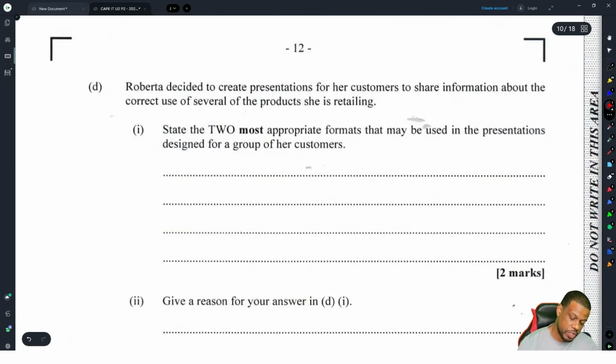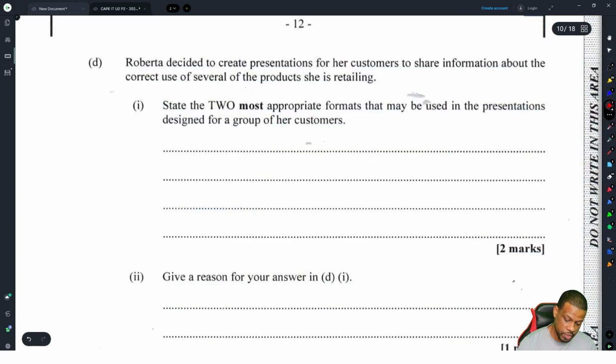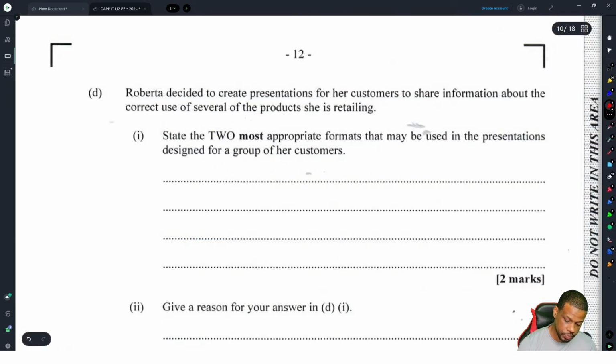Roberta decided to create presentations for our customers to share information about the correct use of several of the products she is retailing. Name the 2 most appropriate formats that may be used in the presentation designed for a group of her customers. Appropriate formats?